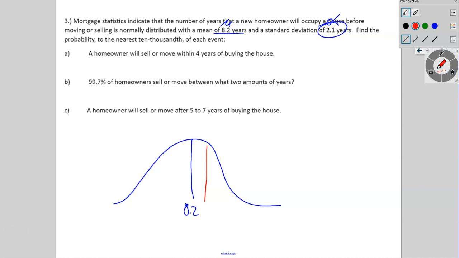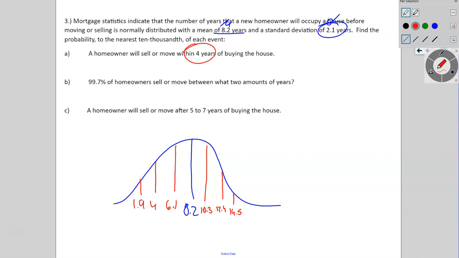So 8.2 plus 2.1 is 10.3. Next standard deviation, so I'm adding 2.1, it's 12.4. And then the last one is 14.5. And on this side, I'm going to subtract 2.1. 8.2 minus 2.1, 6.1, 4, and 1.9.